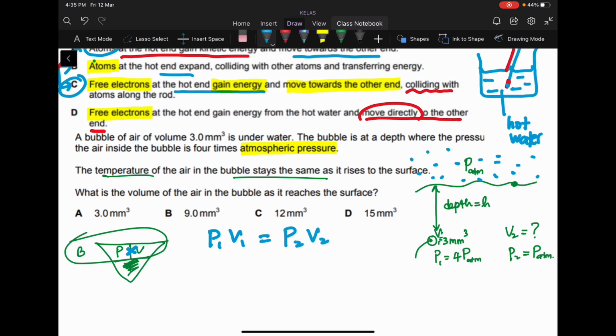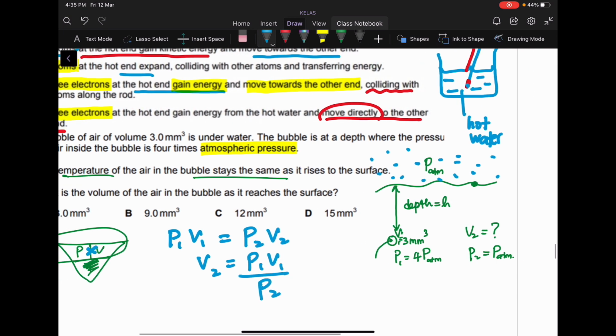Therefore, to get V2 you just rearrange this formula. Your mathematics skills must be strong. V2 equals P1 V1 over P2. And then what to do? You just substitute the values that you have. What's your P1? 4 PATM, times V1, 3 millimeter cubic, over P2.